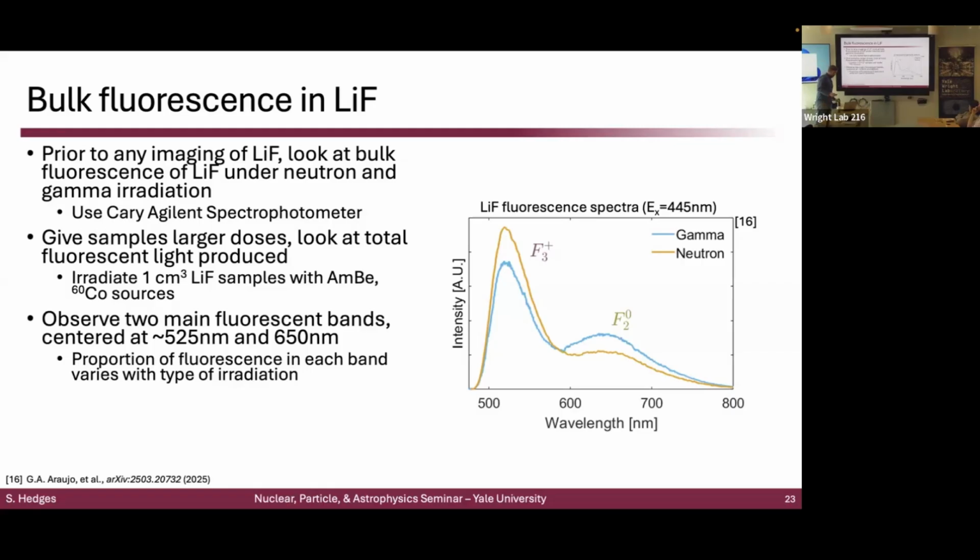You can see that there are two different fluorescent bands. This F3 just means that these are 3 vacancies in close proximity. The F2 means that there are 2. That produces a different potential well, so you get different excitations. One of the things that's interesting here is that the ratio of those two bands changes depending on the type of irradiation.